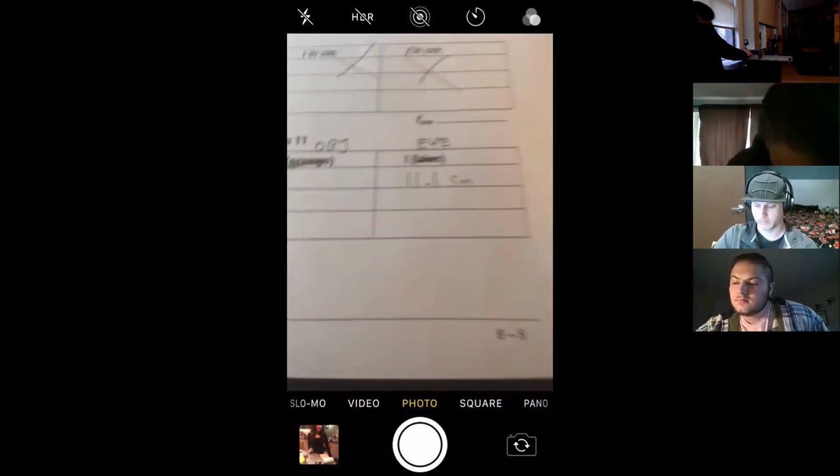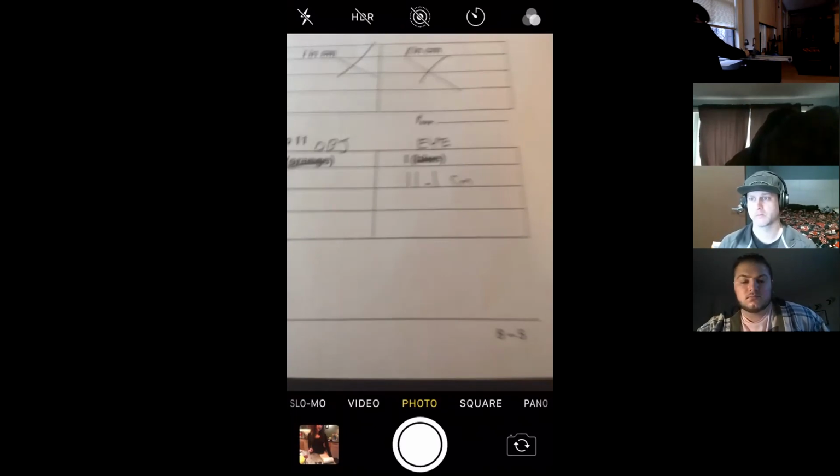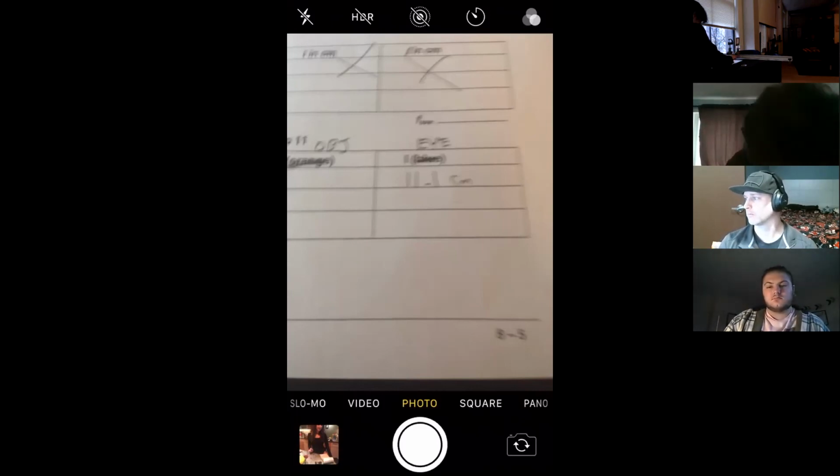Let's try it one more time. Let's see if I can make a better image. It's actually a little bit better if I bring it closer. I was trying to make it brighter so that you guys could see what was going on here. I need to do some fiddling.